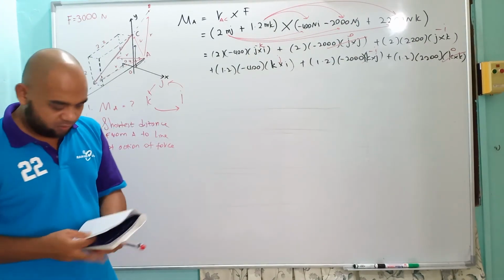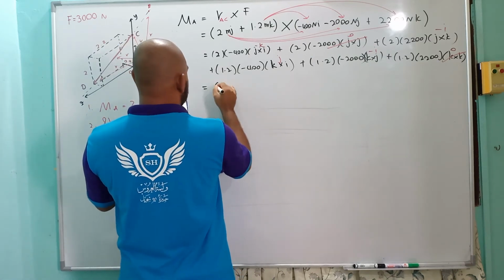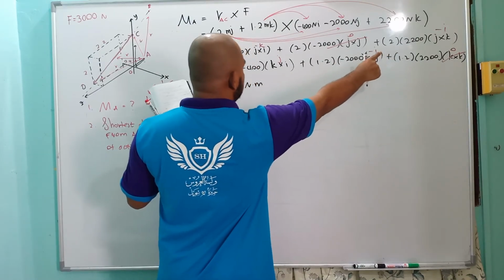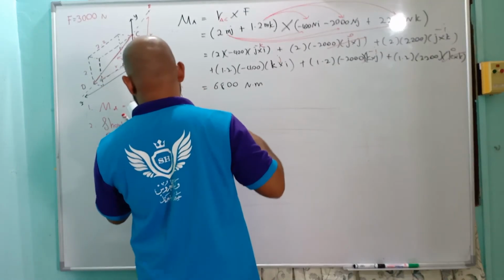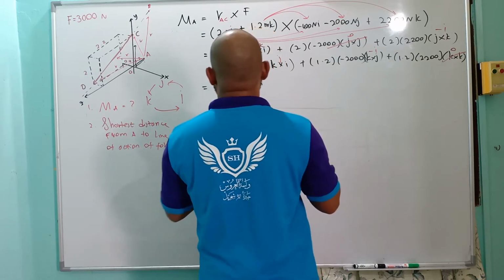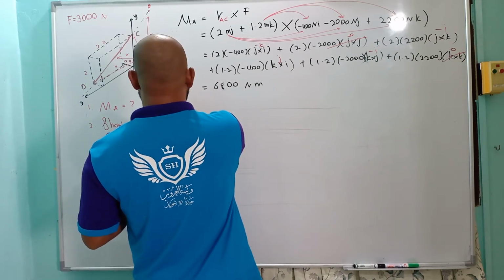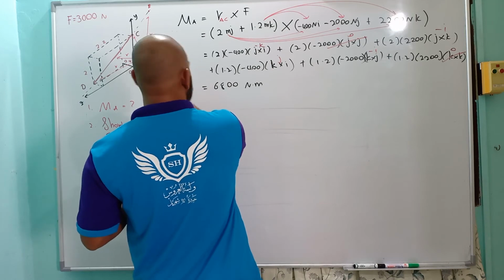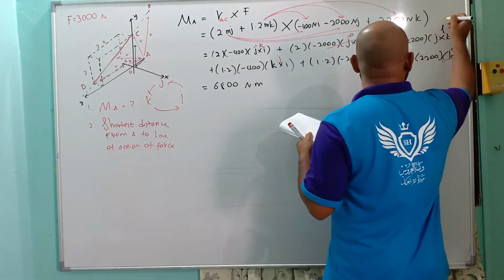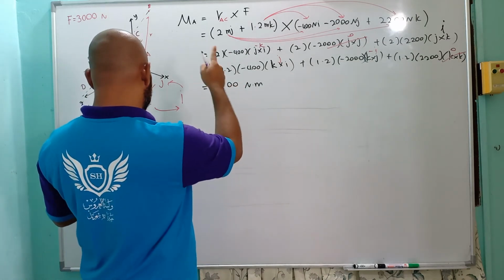So I've simplified that one, so you have the answer as 800 Newton meter I. This is 2 positive, negative here, negative I, k, and j and k, jk I, kj negative I, so kj negative I, jk is I. Okay, so we have j, we have negative k.